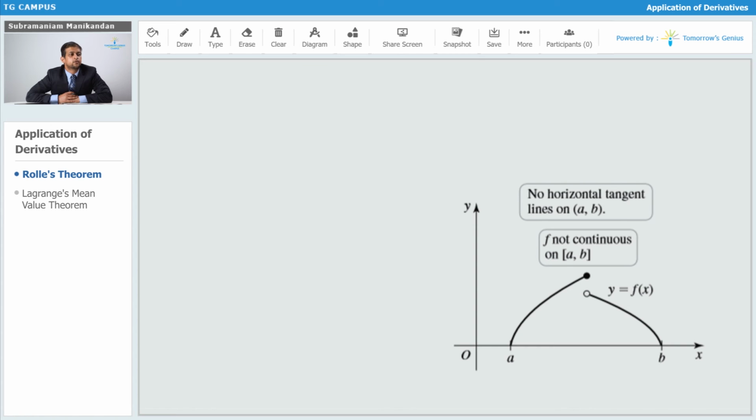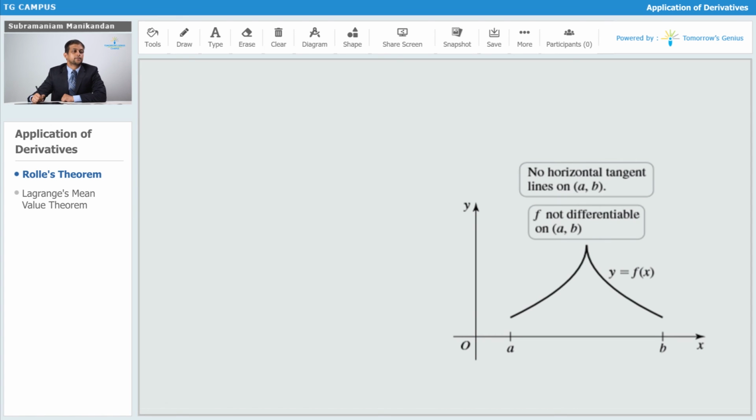Can you see any point where if you draw the tangent to the curve, then the tangent will be perfectly horizontal? No, there exists no such point. And that is why Rolle's theorem does not get satisfied, and therefore it is not possible to find the point c where f prime c is equal to 0. And that is why it is important that the function be continuous and differentiable in the given interval for Rolle's theorem to be applicable.